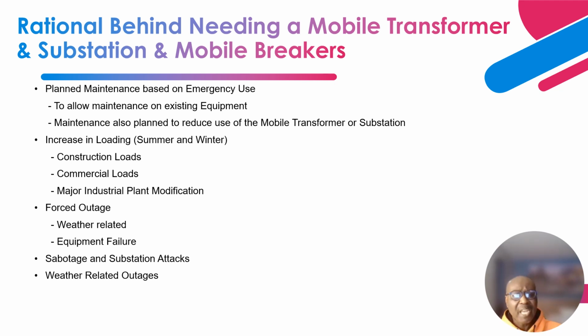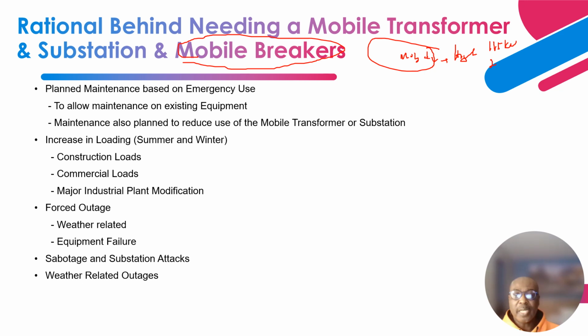Sometimes you can have a mobile transformer that is basically on a trailer, and on the high side, let's say it is 115 kV or 230 kV, you'll see that there won't be any high side breaker. So sometimes that is when you utilize a mobile breaker to integrate it to the high side, so that it should be easier for the protection relays to trip that breaker on the high side if need be.